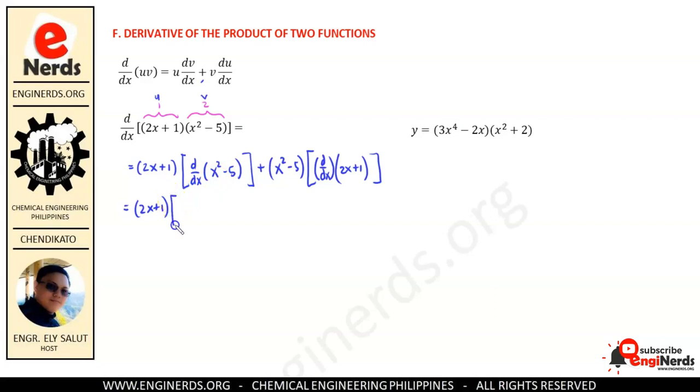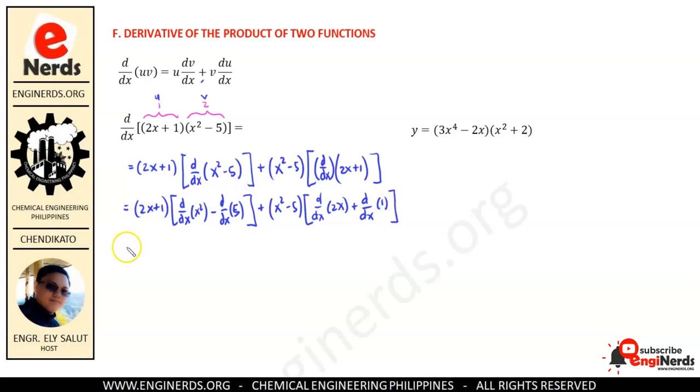So, di ba mangyayari dyan, d over dx of x squared minus d over dx of 5. Diba? Ganyan na mangyayari. Plus, we have here x squared minus 5. Then d over dx of 2x plus d over dx of 1.